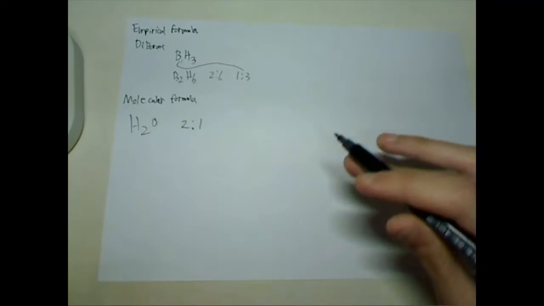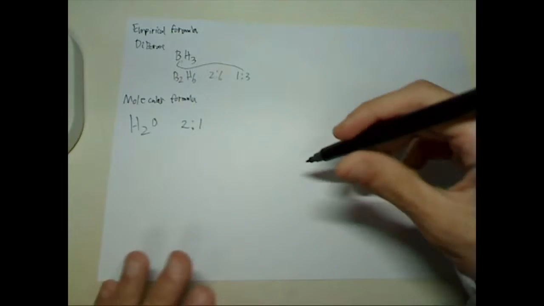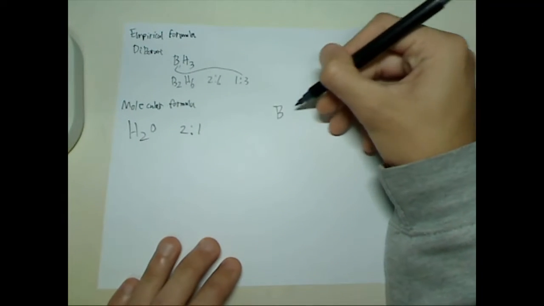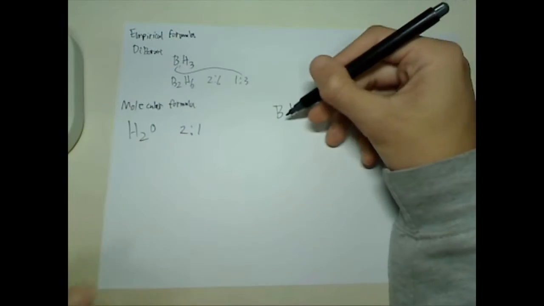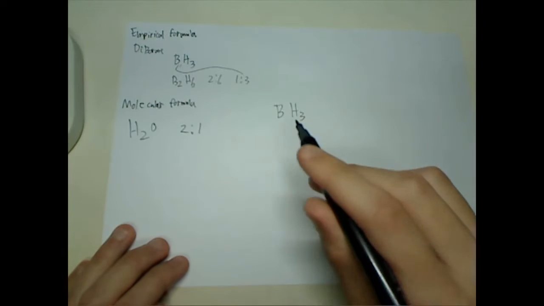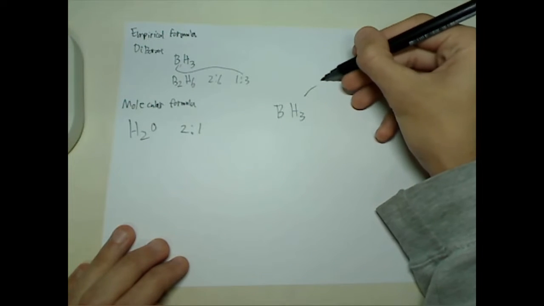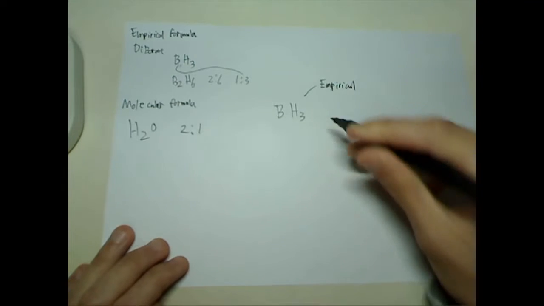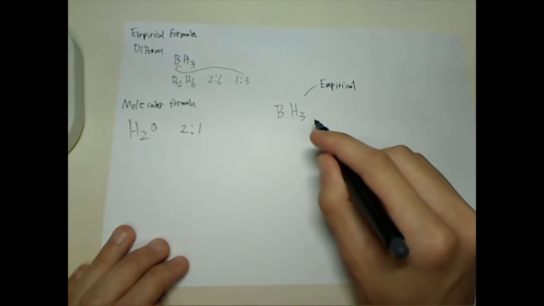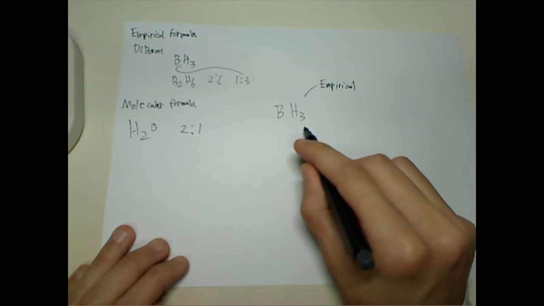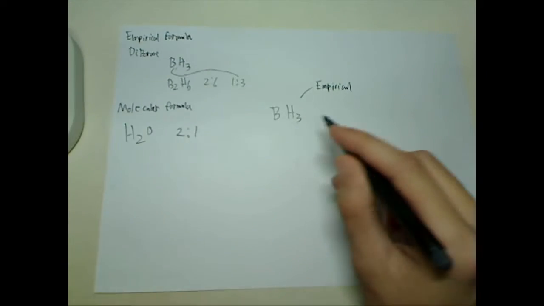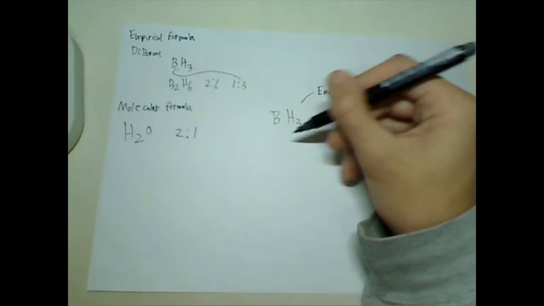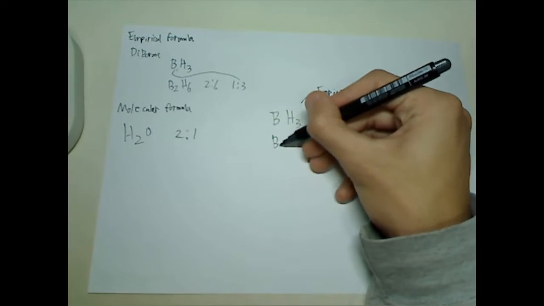So just to quickly overview what we've done so far. BH3 is the empirical formula. Right? It shows the simplest whole number ratio between 2 different elements. Or it doesn't even have to be 2, but in this case it is 2. And the actual formula would be B2H6.